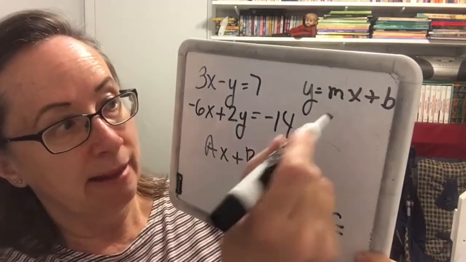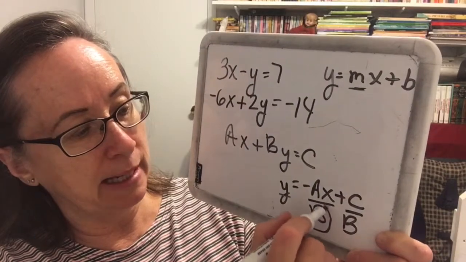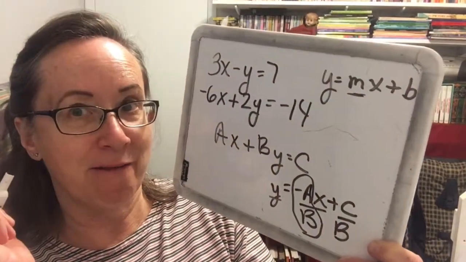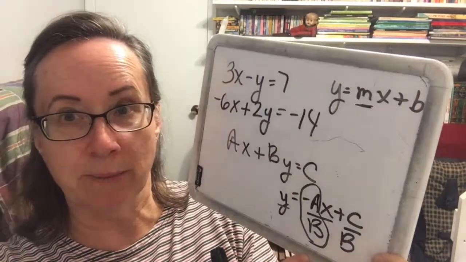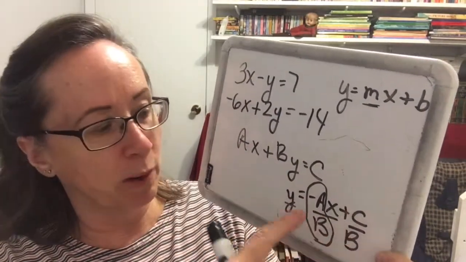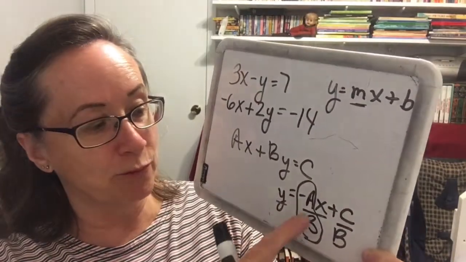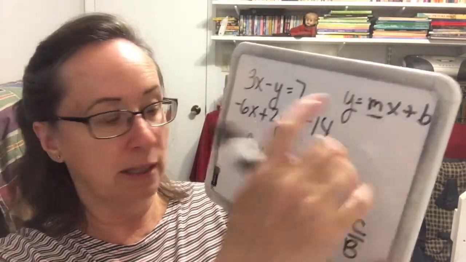So this m right here is always going to be negative a over b whenever I have my equation in standard form, in slope-intercept form. I start in standard form, and that's where I get the a and the b. But when it turns into slope-intercept form, negative a over b becomes the slope.